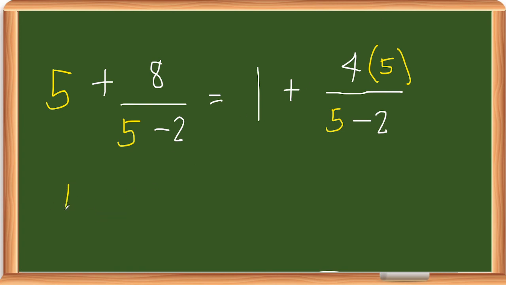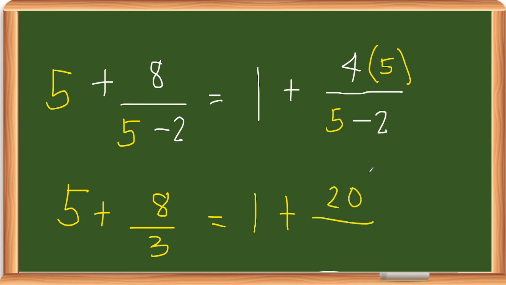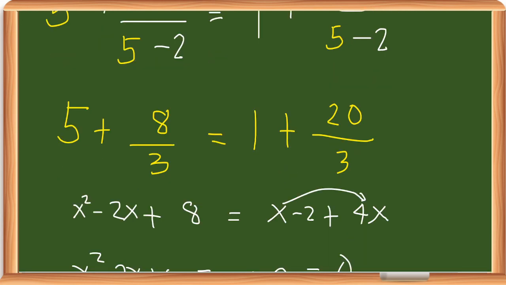So, we have 5 plus 8 over, what is 5 minus 2? That's 3. So, that's 8 over 3 is equal to 1 plus 4 times 5 is 20 over 3. No?